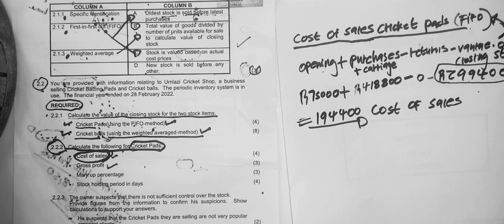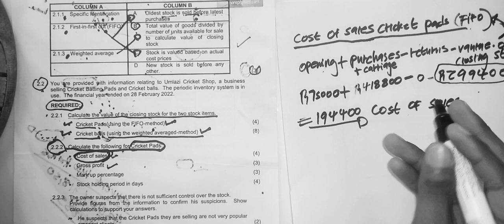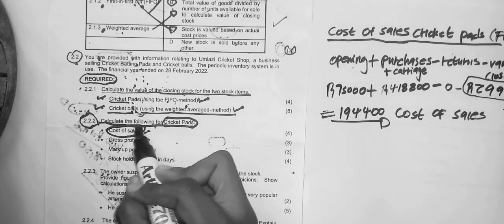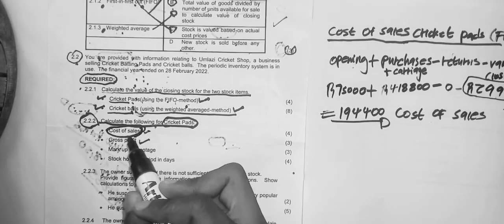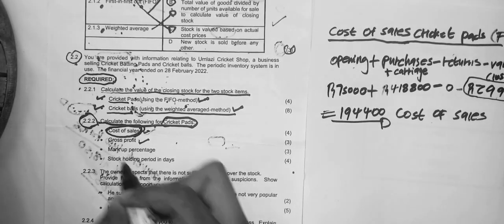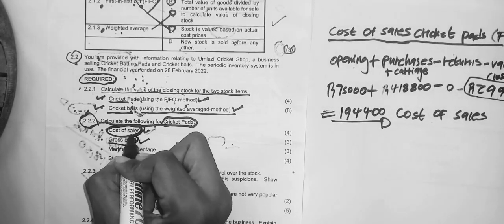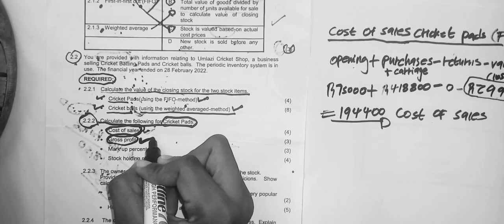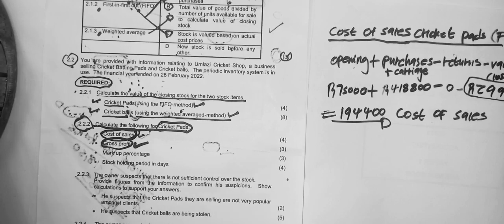All right, so now we are done with the cost of sales. This is our cost of sales and we are done with it on 2.2.2 where they said calculate the following for cricket pads. Number one, cost of sales. We are done with it. So the next thing that we are calculating now is gross profit for cricket pads. This one is very simple. It's a free mark, guys.